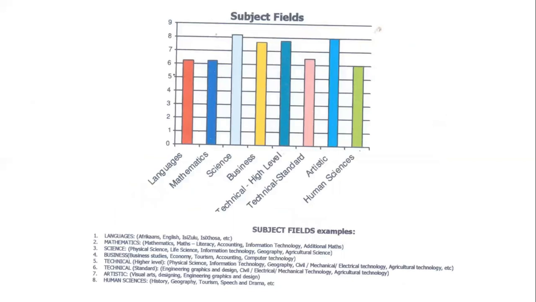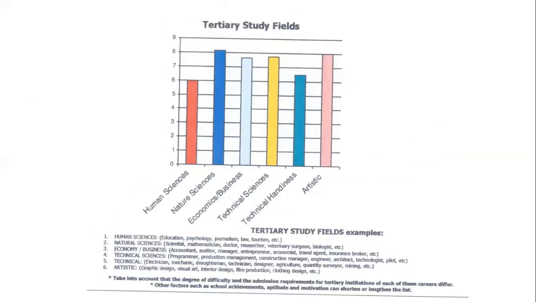So on your addendum A, underneath your DAT results, you will also get a graph that says subject fields, which will indicate to you in which subject fields you do better. And there are also examples of the subjects in those fields. The next graph will be your tertiary study fields, and there you will also find examples of the different types of careers that you can follow in each of the study fields.